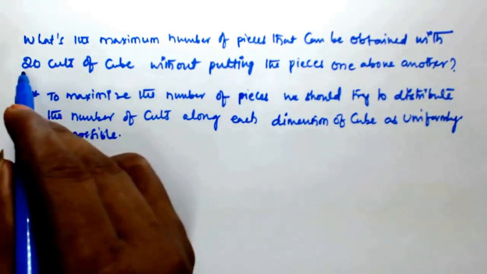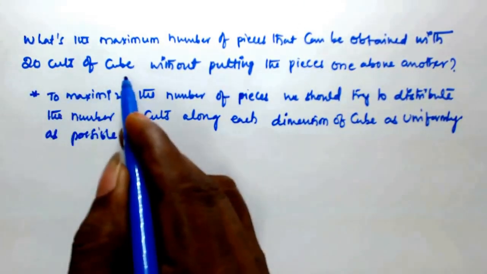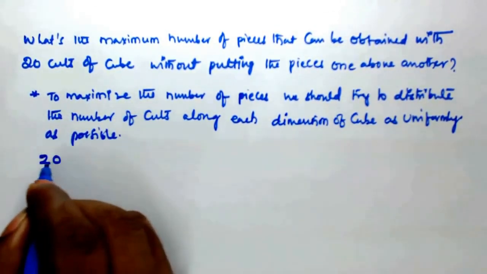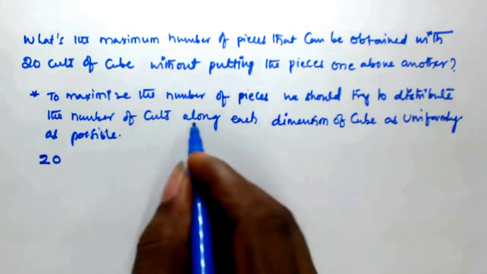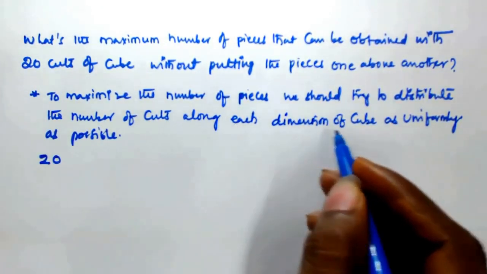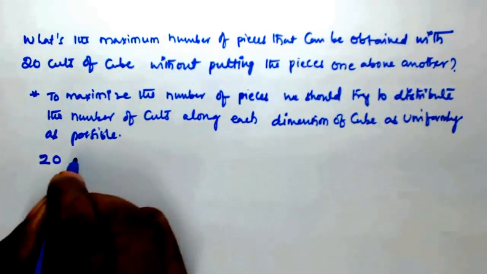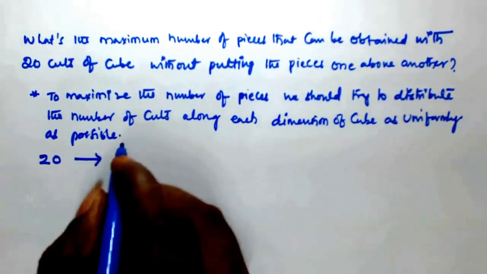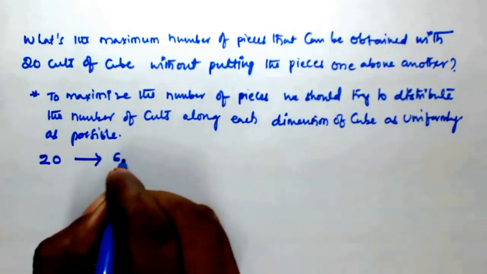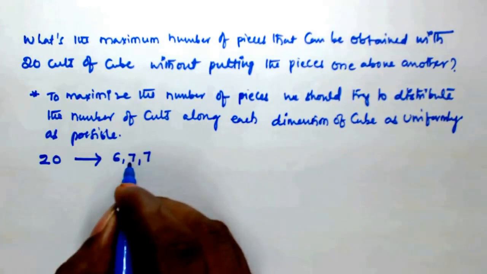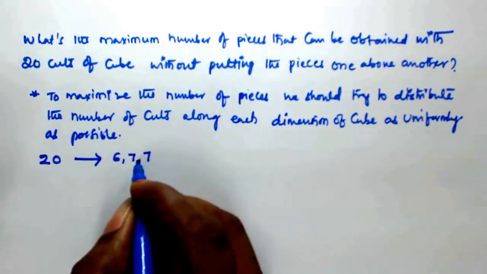It is given that there are 20 cuts of a cube. So these 20 cuts we have to distribute along length, breadth and height as uniformly as possible. What is the most uniform distribution? That is 6, 7 and 7. 6 plus 7 is 13, 13 plus 7 is 20.